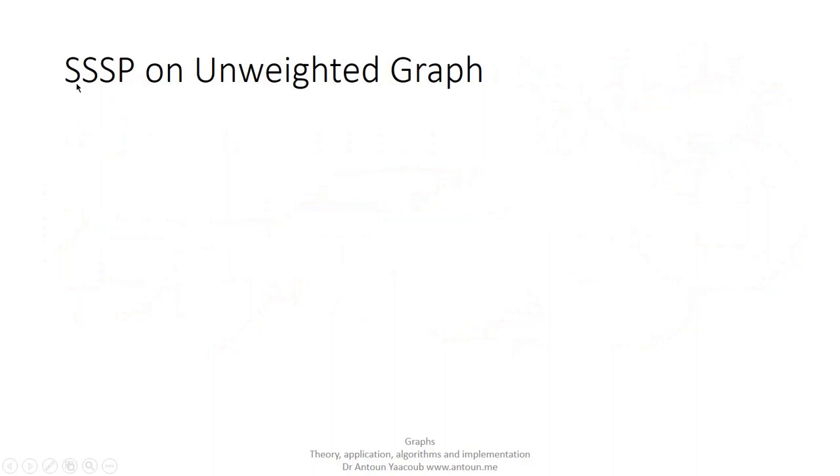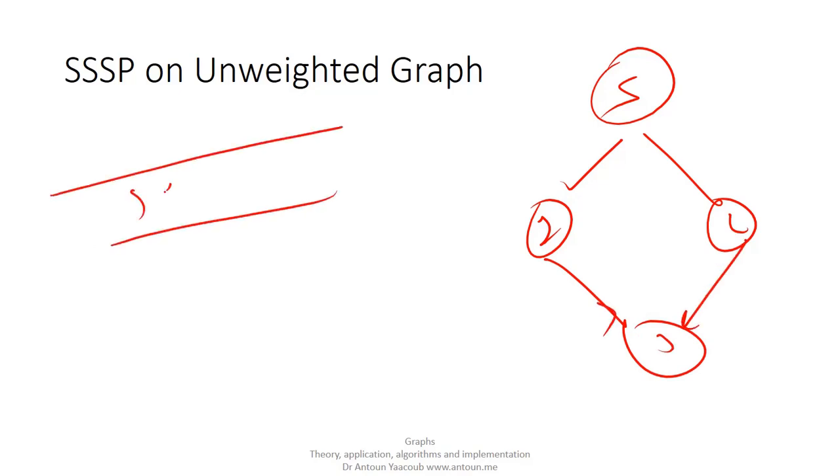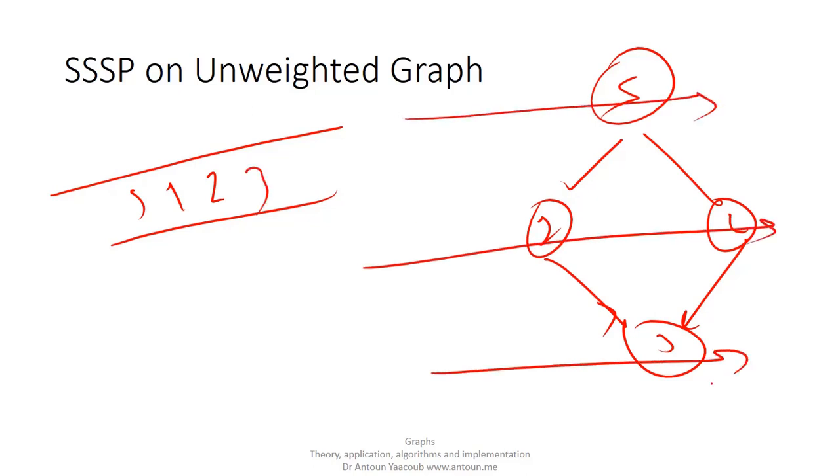SSSP on unweighted graph. Since BFS visits vertices of a graph layer by layer, for example if I am here, 1, 2, and then 3, we know that first in the queue we'll have S, and then 1, 2, and then I will have 3. As if I'm visiting the vertices layer by layer.